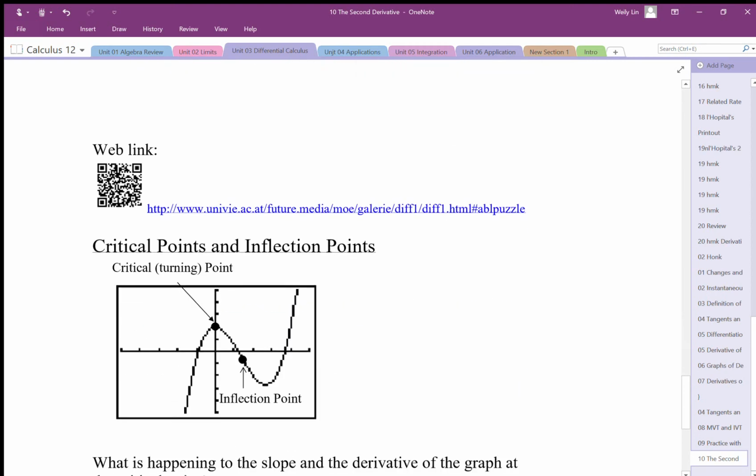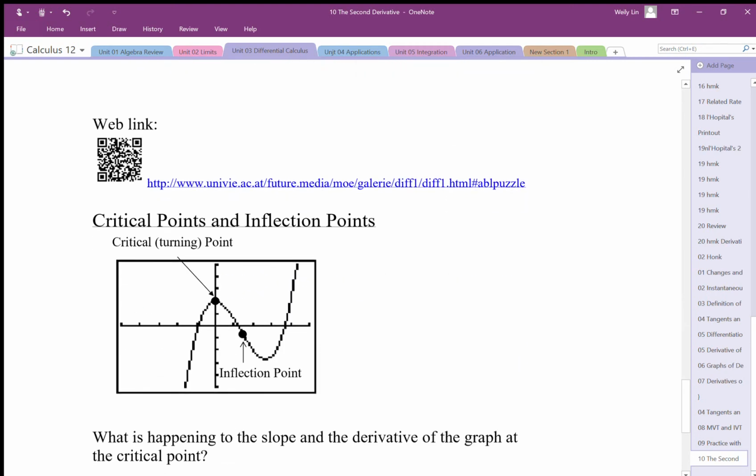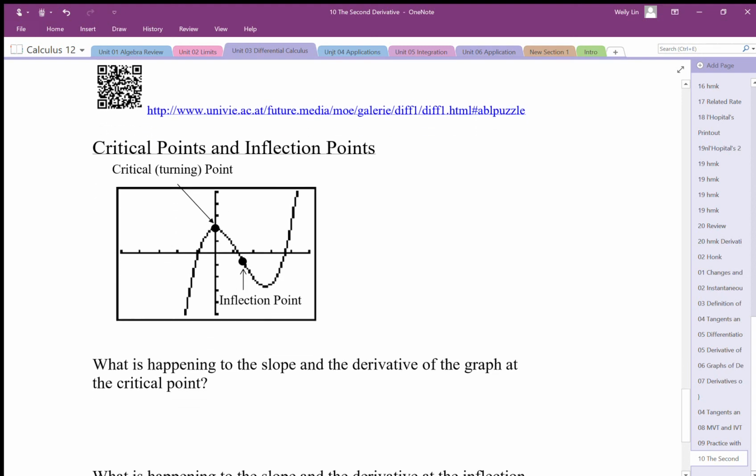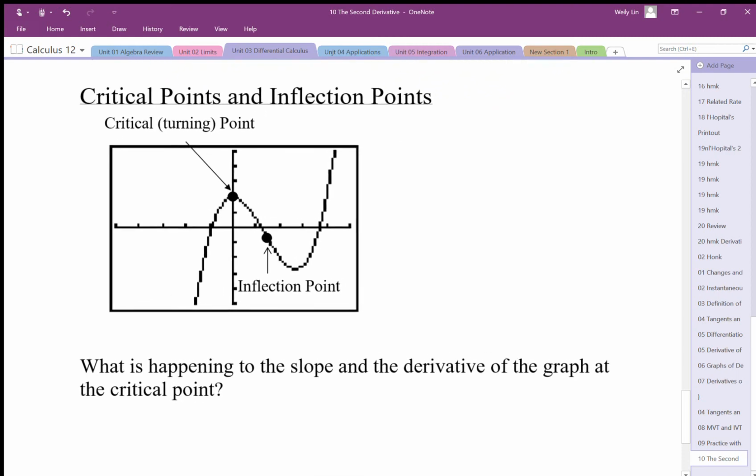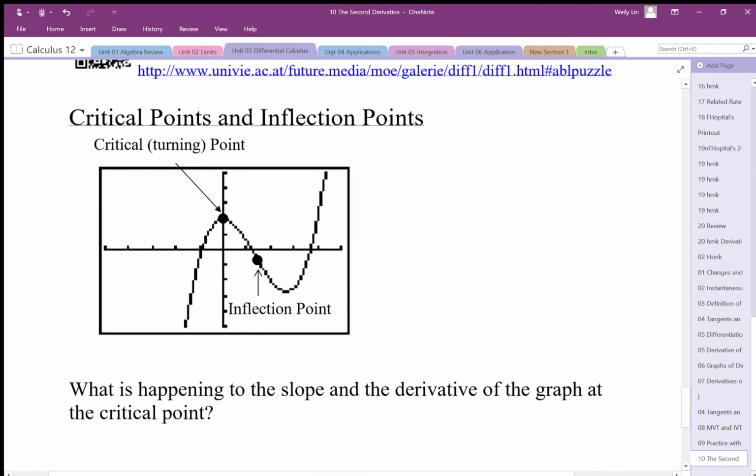So the web link there is just for practicing matching graphs, so visually being able to match graphs together and getting a sense of how the shapes relate to each other. Okay, so that's important to do, so make sure you get some practice doing that.